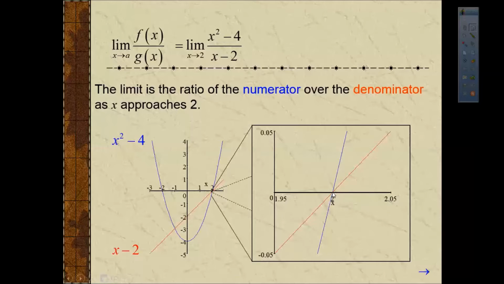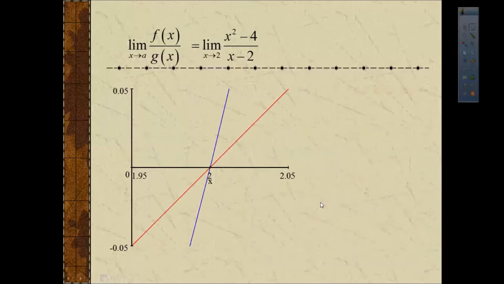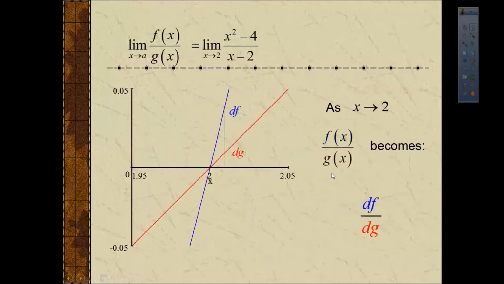The differential of the x squared minus 4, we could call it df, or the differential of the blue curve, and the differential of the red curve, x minus 2, we could call that dg. And as we look at that differential, as x approaches 2, really the ratio of the blue curve values to red curve values could be thought of as the ratio of df over dg.